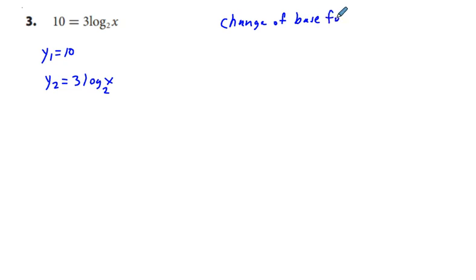The reason I'm doing that is because on our calculator, we don't have a standard log base 2 key. We just have a log key or a natural logarithm key. So the change of base formula is if we have log base a of b, that is going to be equal to log of b over log of a.